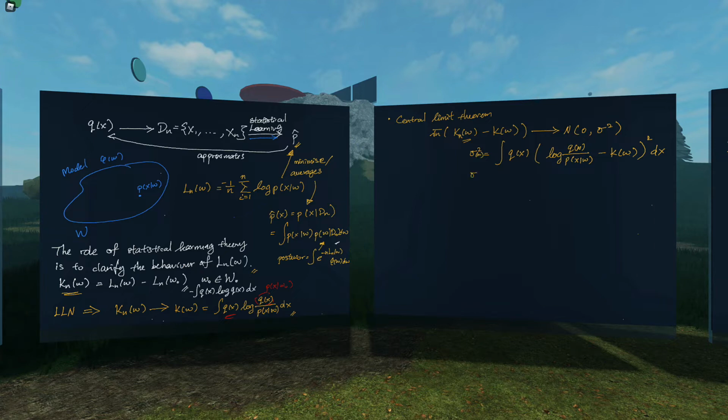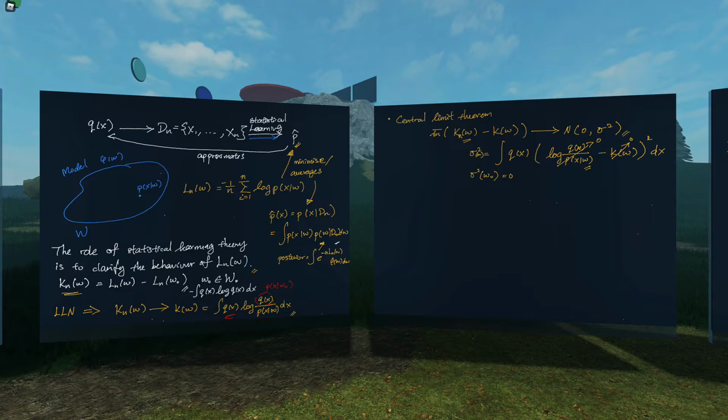So let's see what happens when we substitute in W naught, or anything that makes p(x|w) equal q(x), so the set of true parameters. We get this thing becomes 0, and that thing becomes 0, so the whole thing is 0.